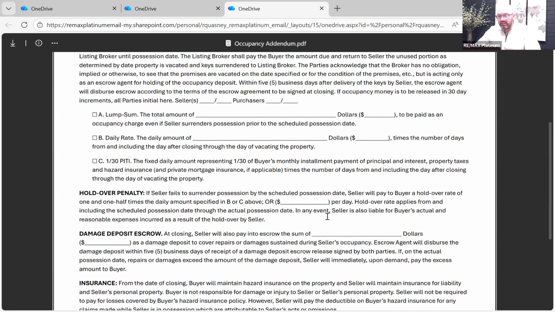In any event, seller is also liable for buyer's actual and reasonable expenses incurred as a result of the holdover by seller. So if the buyer has pets and moving vans and all the stuff, whatever the buyer has to take on as a reasonable expense given their situation, they can then pursue the seller for those damages.